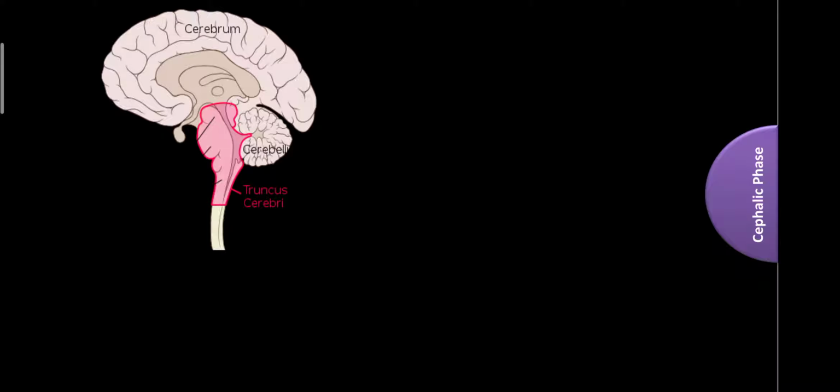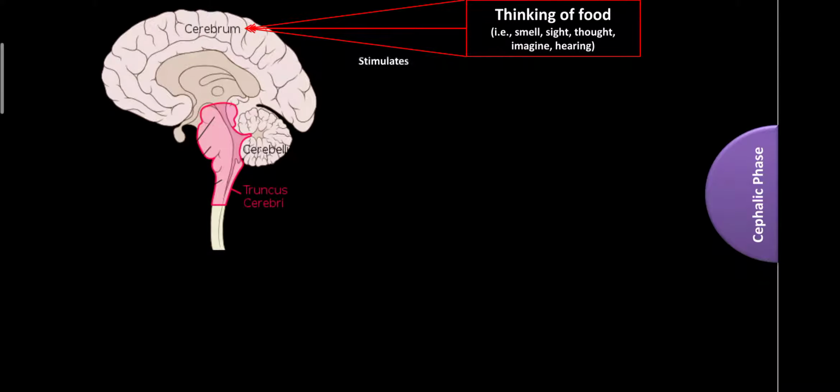So when you are thinking about the food, or you see the food, smell the food, or hear about the food, certain receptors are stimulated, and those stimuli reach the cerebrum or cerebral cortex, and the cerebral cortex stimulates the hypothalamus and medulla oblongata.